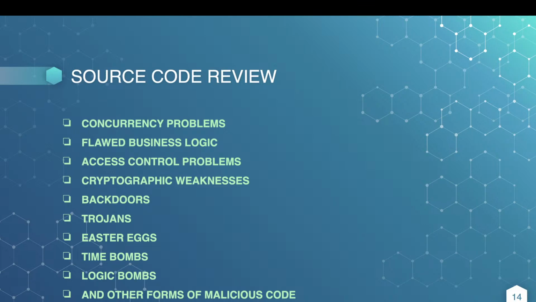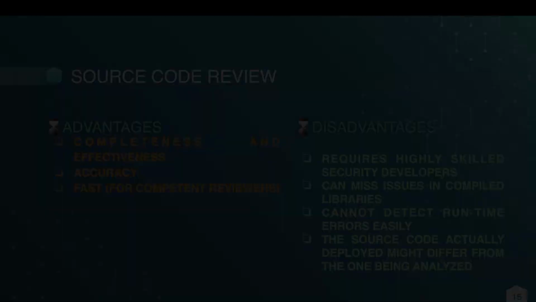Those are, of course, little pieces of code that are hidden deep within the code and that might produce undesirable results, either when certain logic is triggered that might be out of reach of most of the application users, but sometimes it's triggered, or after a specific period of time.